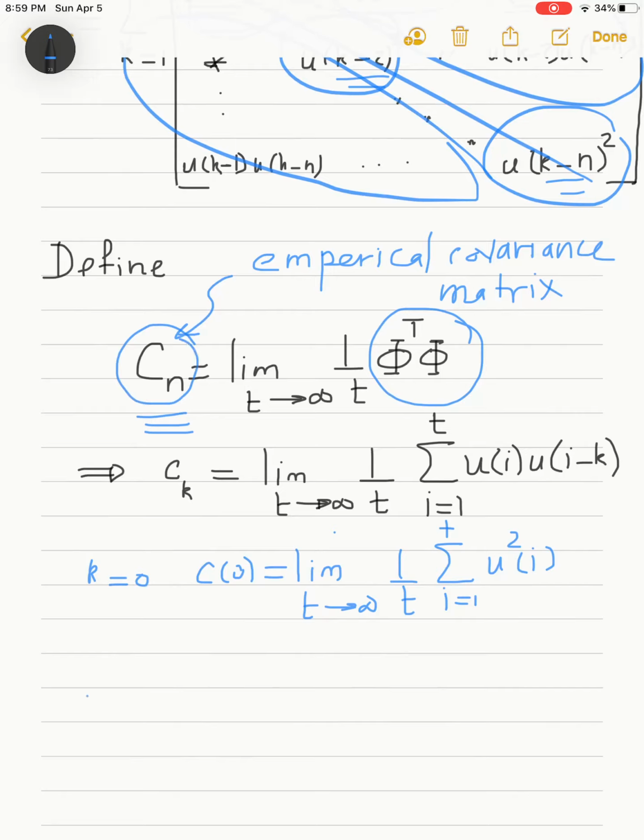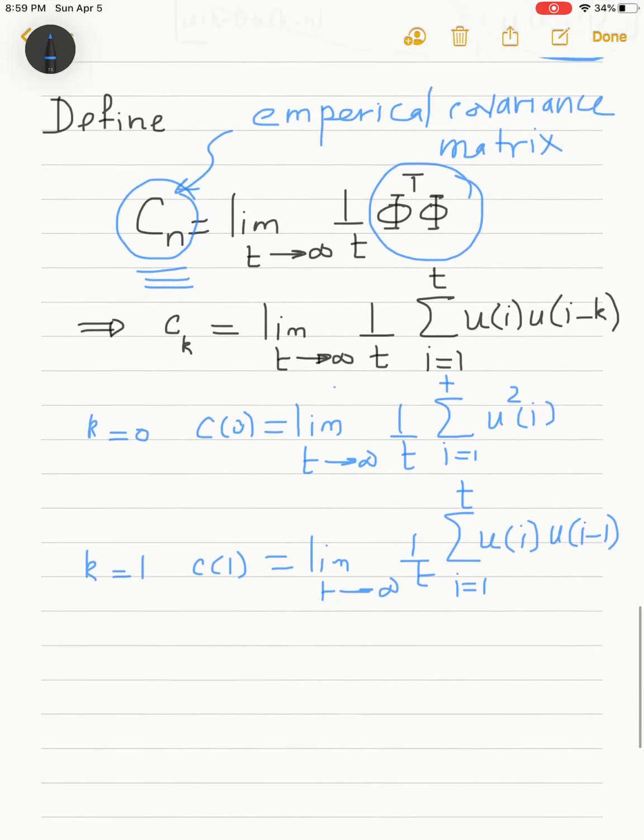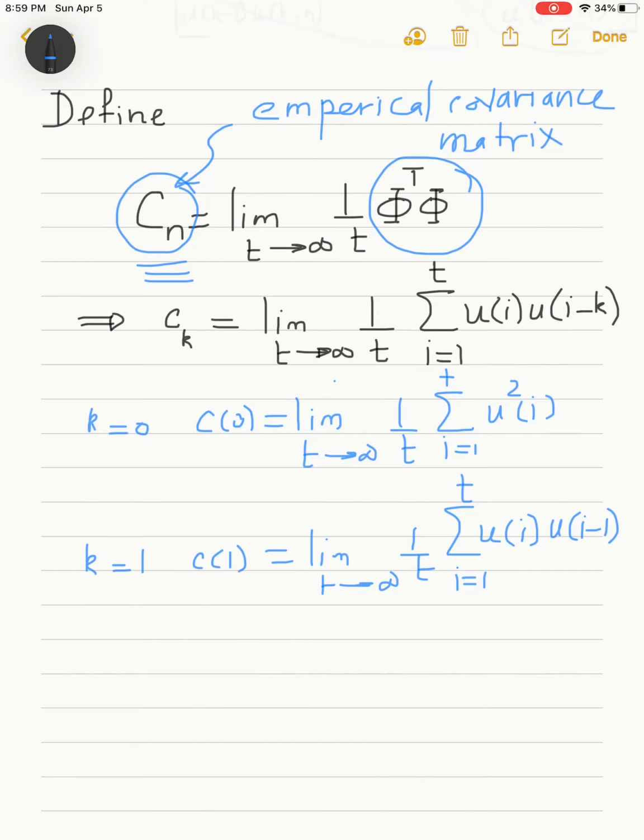If we take, say, k equals 1, we get C of 1, and that would be the limit as t goes to infinity of 1 over t, the summation of u of i times u of i minus 1. This is as i moves from 1 to t, and this is like the correlation between points on the signal that are shifted one sample, and so on.